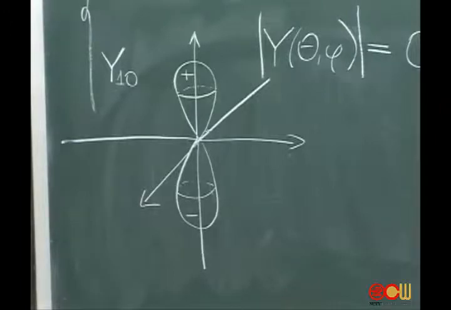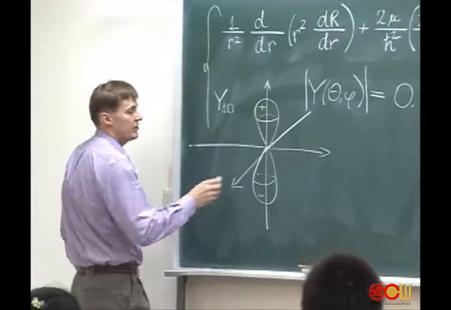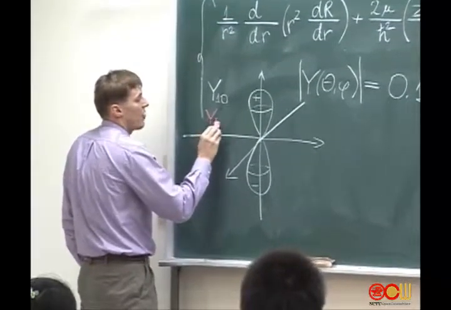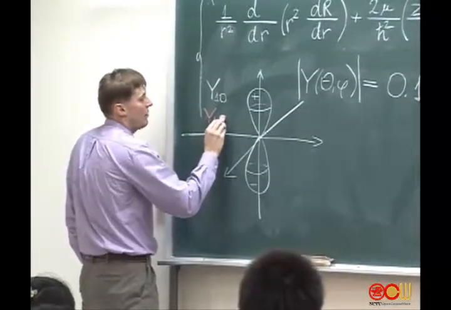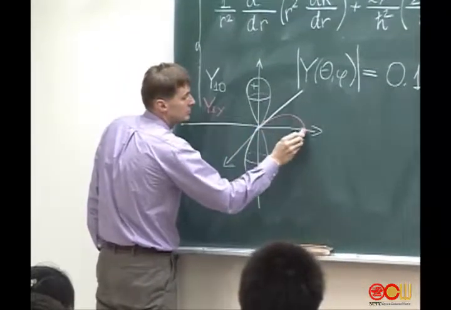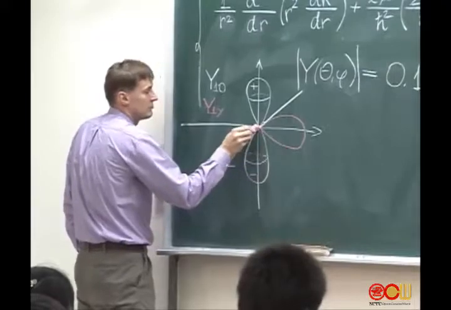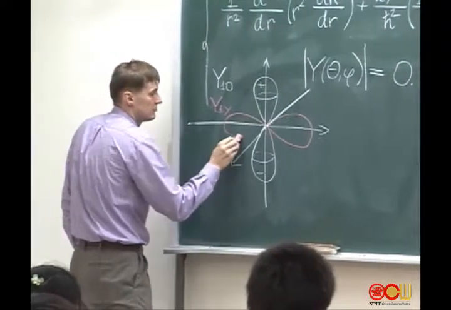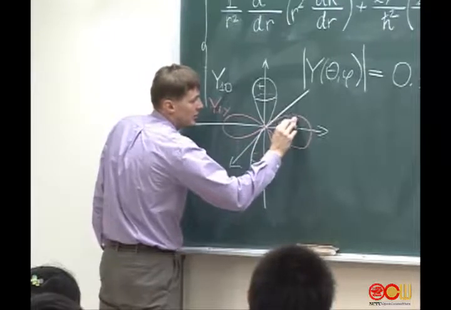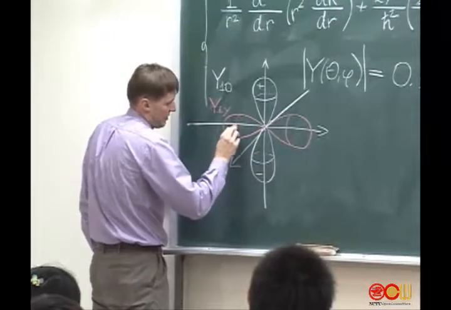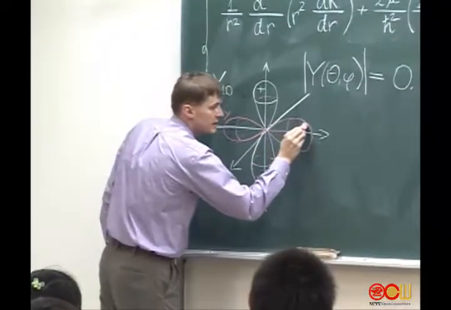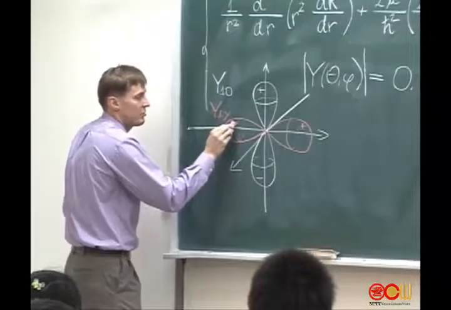We go further. The next function, which I called Y 1 y, looks like that. And of course it's spherical. No, not spherical, right? It's round. And again, it has sign plus here and sign minus here.